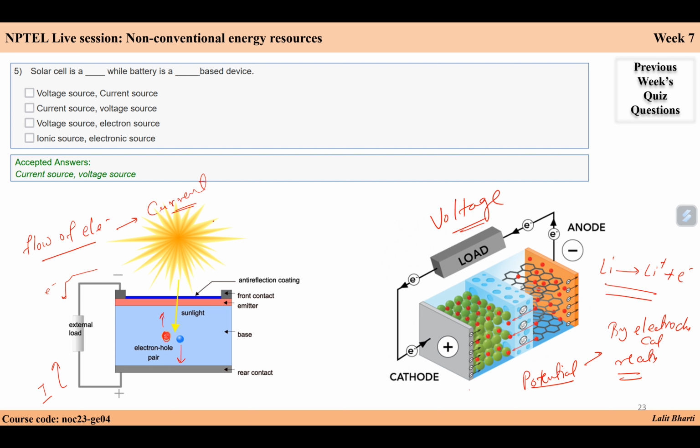So we can say that solar cells are the current source, but batteries are the voltage source. So this was the fifth question. It is very easy to understand how and why a solar cell is a current source and why a battery is a voltage source.